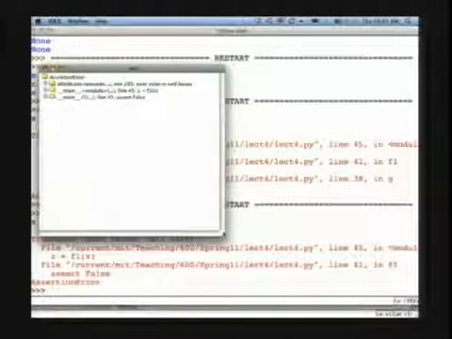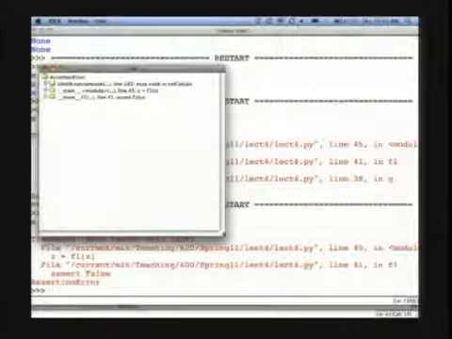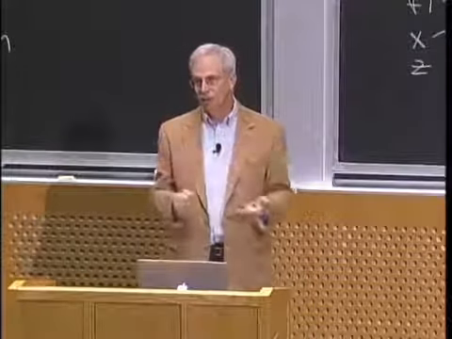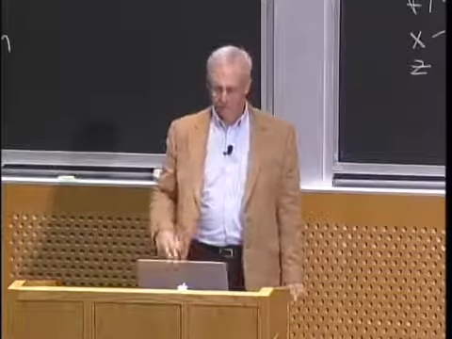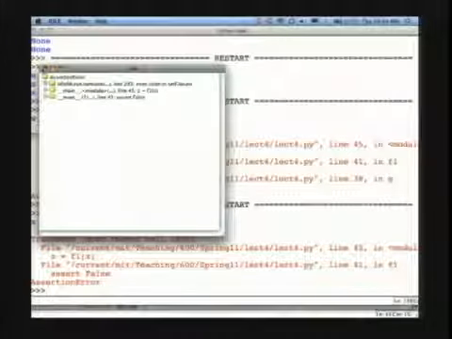It's gone. All those variables don't exist anymore because I'm no longer in G. This is a nice thing because it means if you call something 1,000 times, it doesn't use up all your memory. Every time it's finished, it gets rid of what it no longer needs.